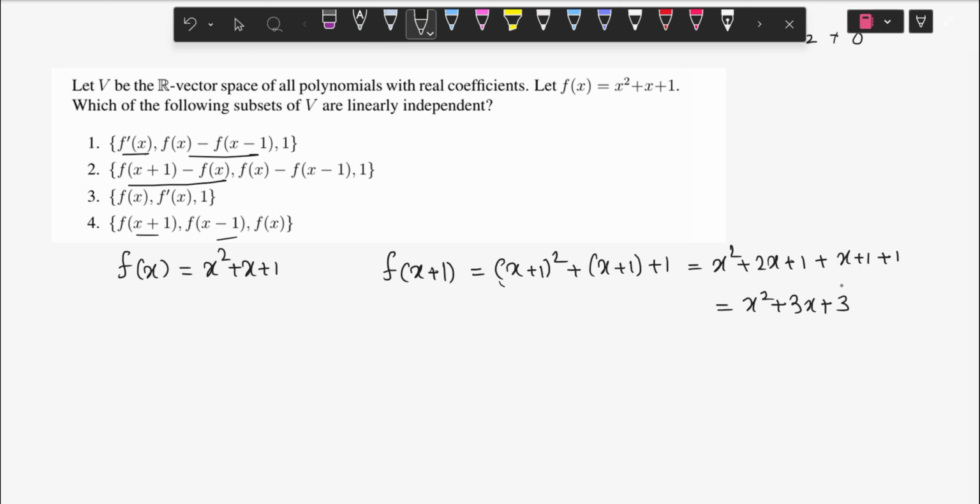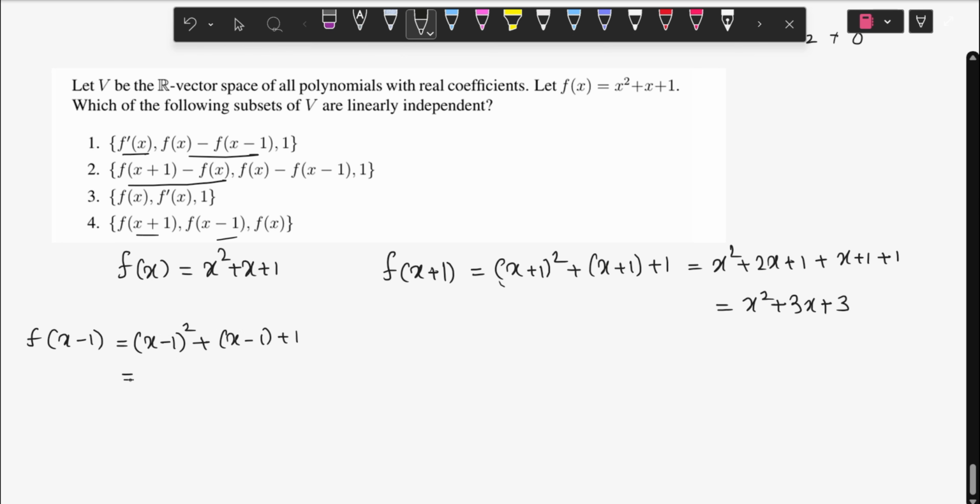Now let's calculate f of x minus 1. f of x minus 1 equal to x minus 1 whole square plus x minus 1 plus 1.